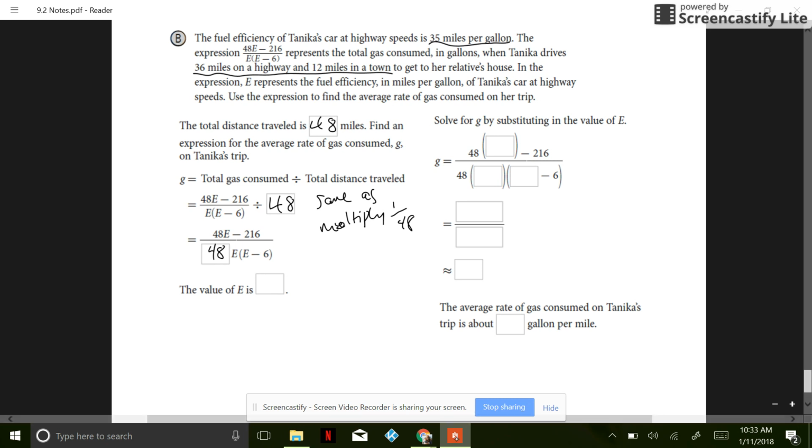So we can solve for G. And then the value of E is 35. It tells you in the first sentence the fuel efficiency is 35 miles per gallon.